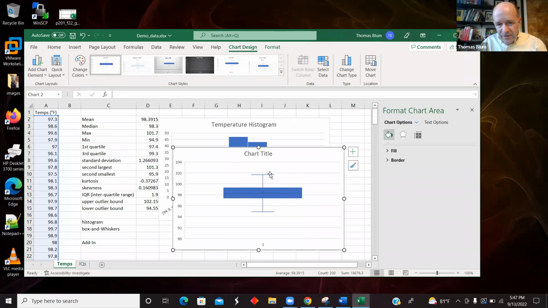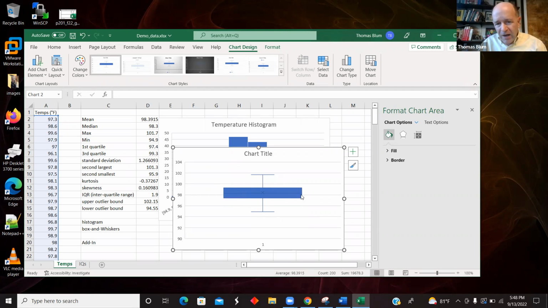The top here is the maximum, unless there were outliers. If there were outliers, they'd be little circles up above here. But since our maximum was not an outlier, this thin line up here represents our maximum. Similarly, this down here represents our minimum. If there were low outliers, they would be little circles floating down here below.